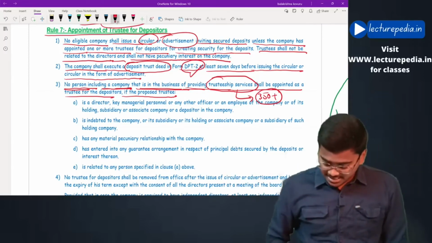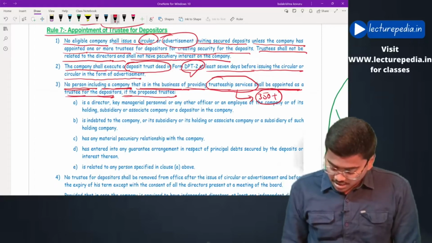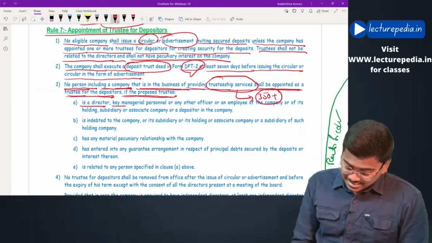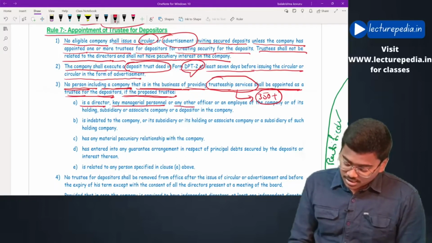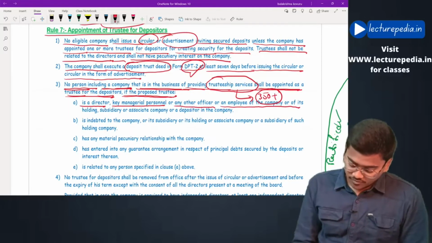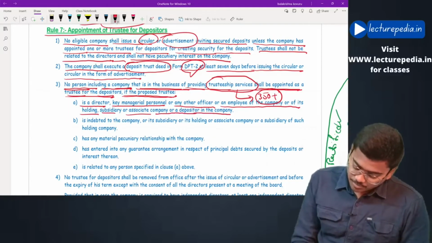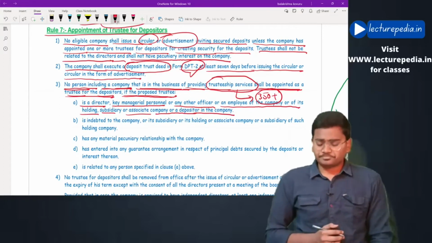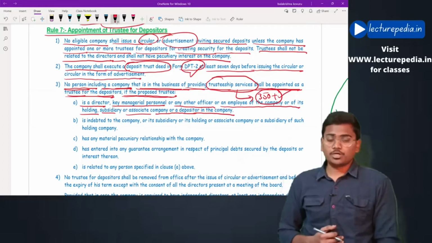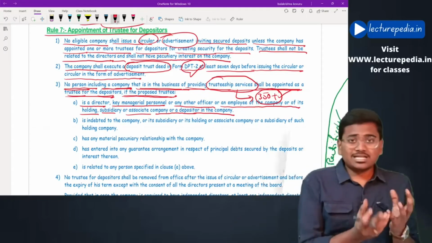Now this entity shall not be appointed as a trustee for depositors if the proposed trustee is a director, key managerial personnel or any other officer or an employee of the company or of its holding, subsidiary or associate company, or a depositor of the company. Generally, if you want, you can select from these 350 entities, or you can also appoint some other individual persons.